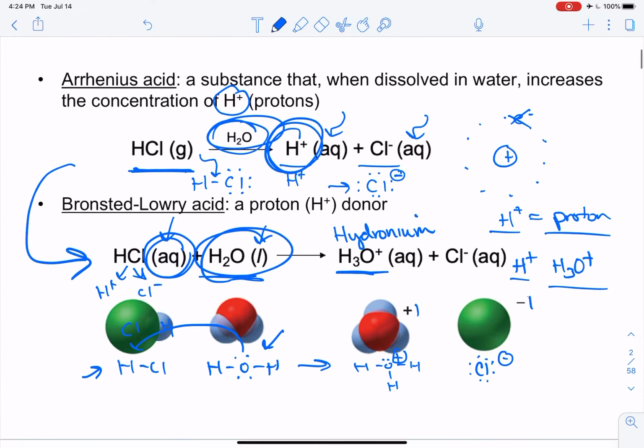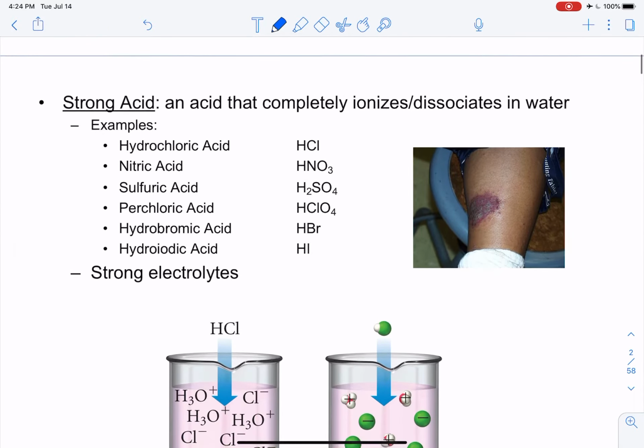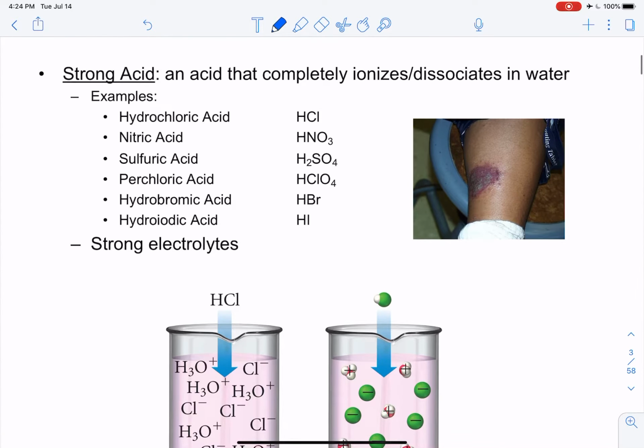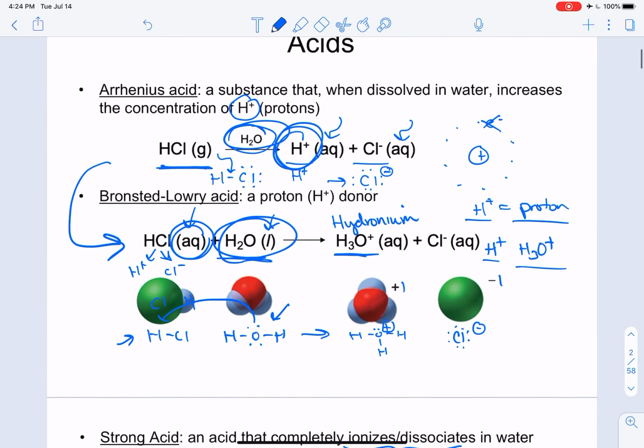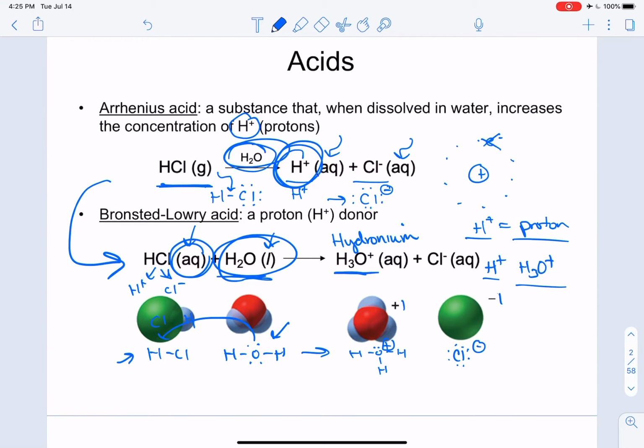Okay. So let's talk about strong acids. So we've got strong acids versus weak acids, and on this slide we're going to do some strong acids. Strong acids are acids that completely ionize or dissociate in water, and this means that they come apart into their ions. Okay. So if we look back at the previous slide, we worked with hydrochloric acid here.